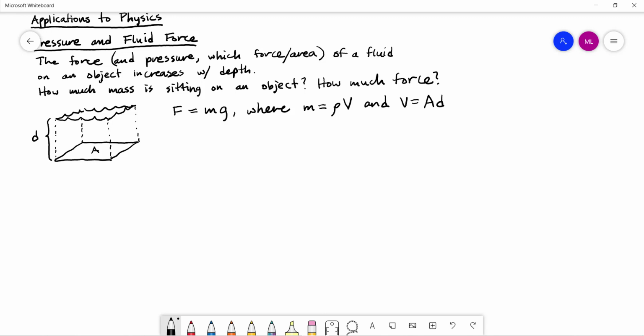Okay, so when we put this expression in and substitute that into the V here, and then substitute this expression in for the M here, we get that this force is equal to rho G A D. And this is what's called the hydrostatic force.